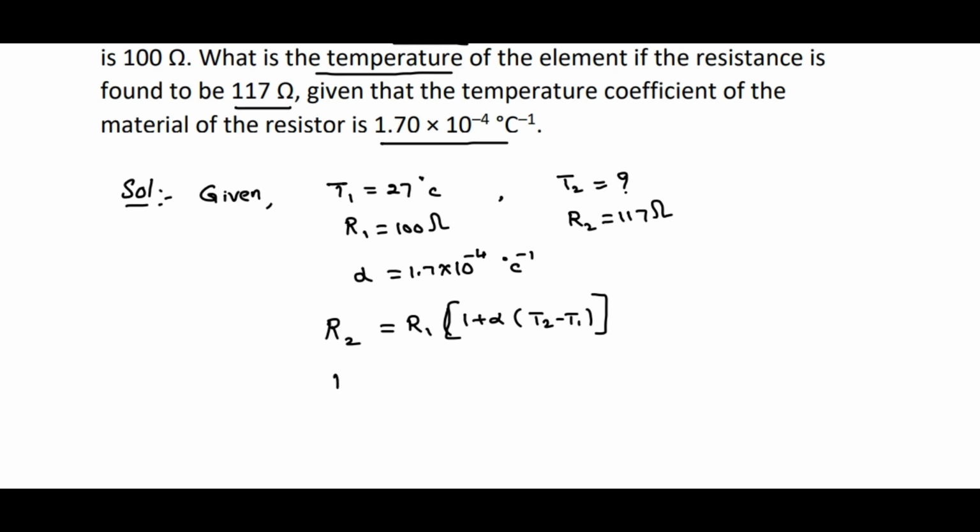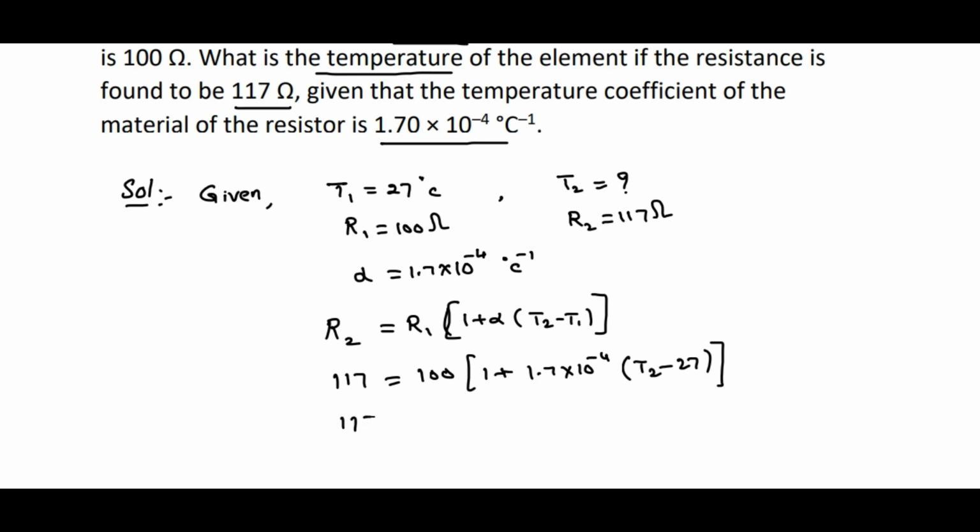So 117 is equal to 100 into 1 plus 1.7 into 10 power minus 4 into T2 minus 27.